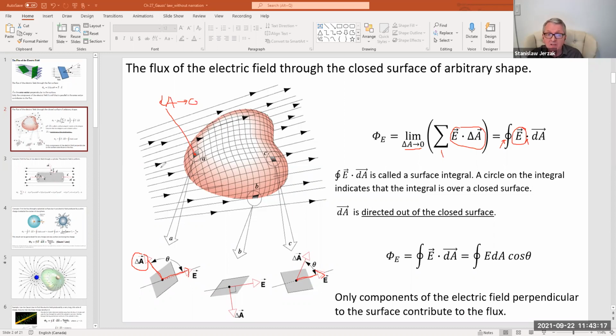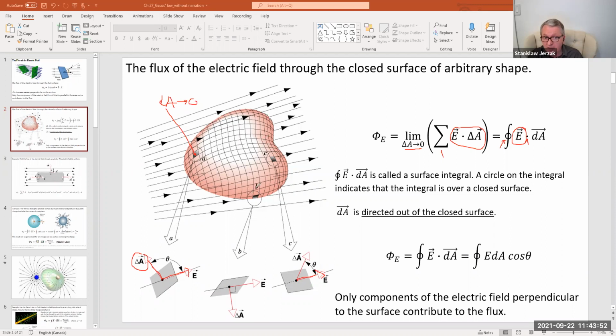And that will always be the case: whenever the flux flows into the surface, it is negative, and the flux of the electric field, when it leaves the surface, will be positive, okay? Because then the angle is less than 90, and when it flows in, the angle is bigger than 90. So the flux can be positive or negative. Whatever flows into the surface is negative, and whatever electric field flows out of the surface is taken as positive.